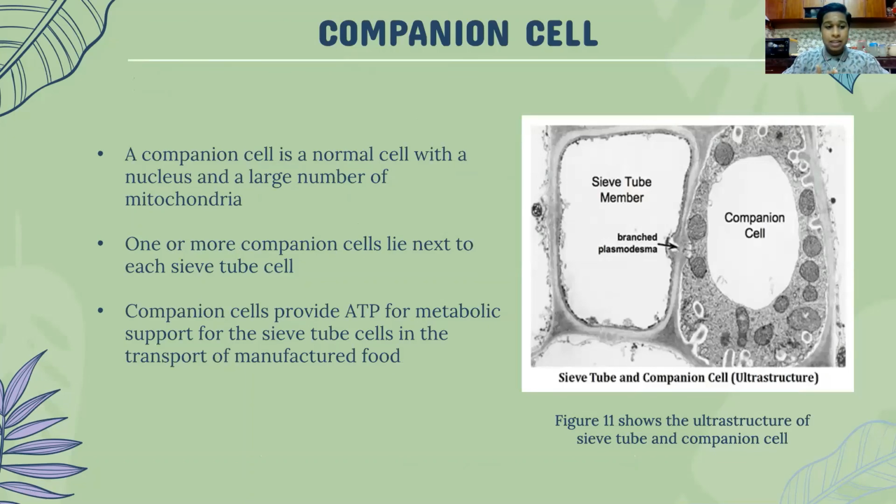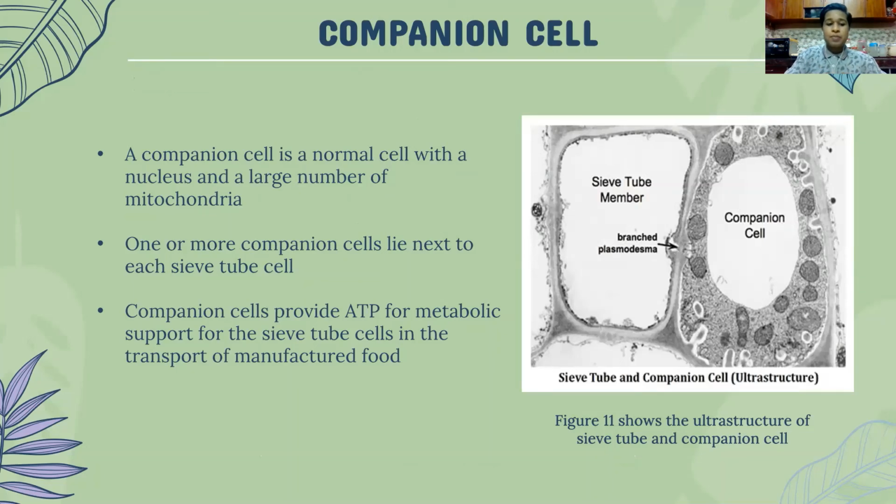Companion cells. A companion cell is a normal cell with a nucleus and a large number of mitochondria. Okay, this indicates it has active metabolism. One or more companion cells lie next to each sieve tube cell. Meaning that one sieve tube cell may have one companion cell, or it might have more than one.